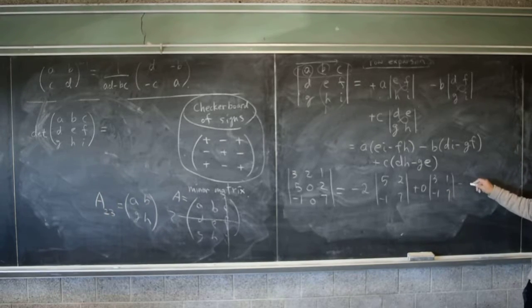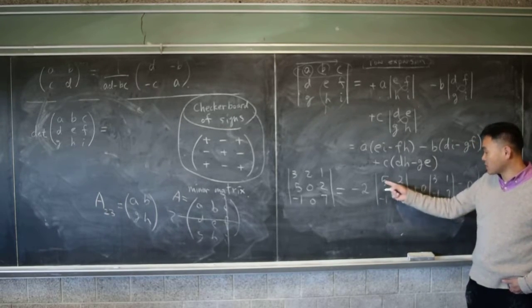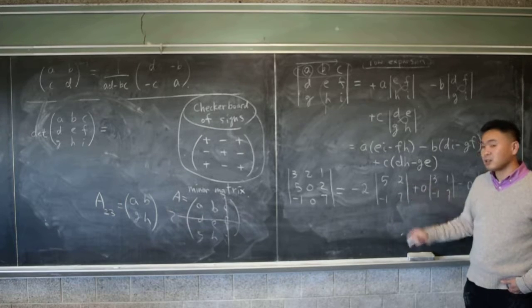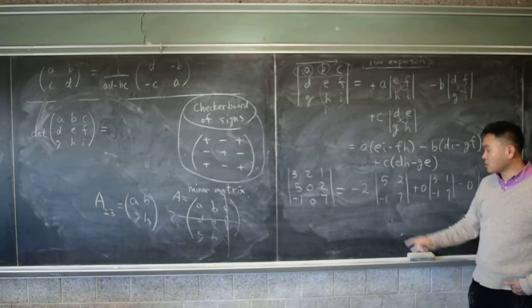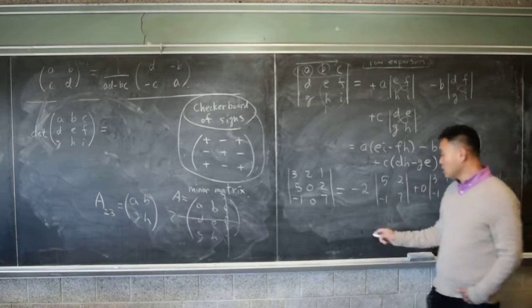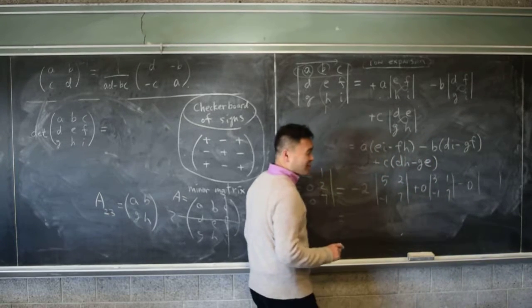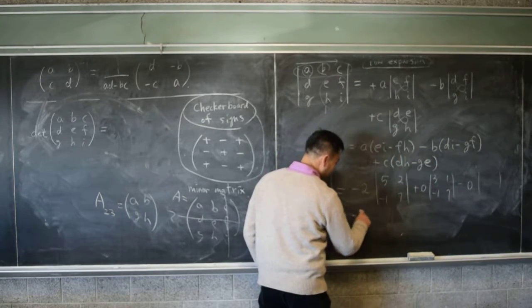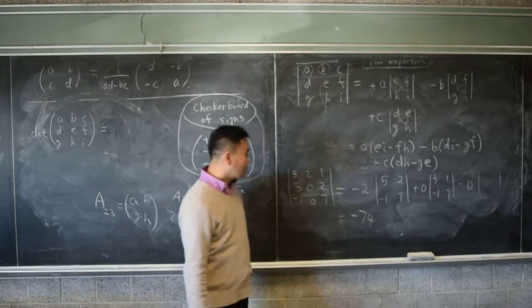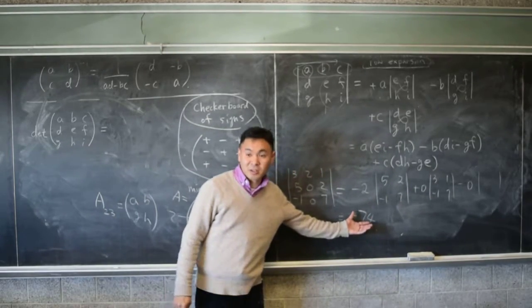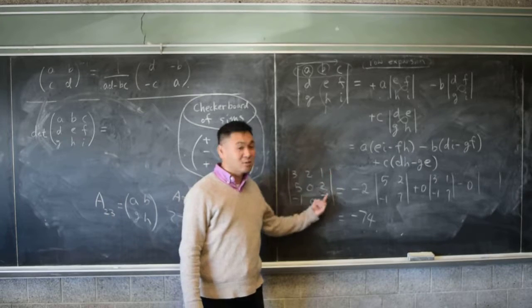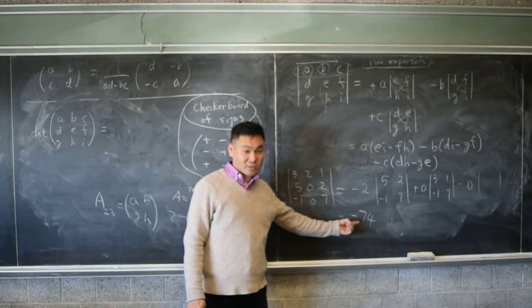And this will have a minus again, but we don't care either, because it will be 0 times something. Therefore, the determinant of this will be 5 times 7, that's 35, minus negative 2, that's 37, times negative 2, that's negative 74, right? So what does this tell us? It tells us that this matrix does have an inverse because this is non-zero.